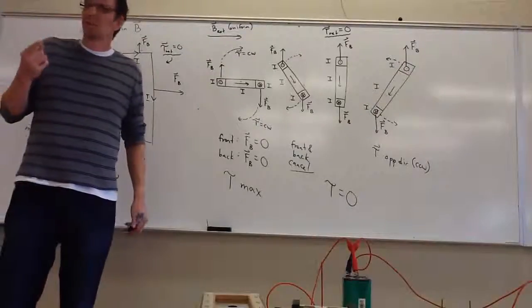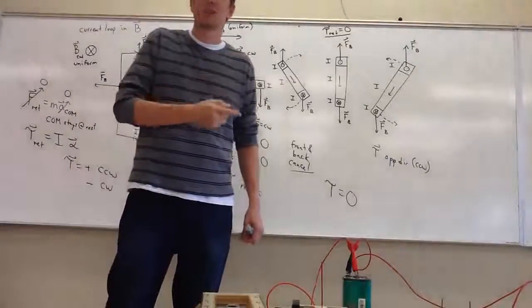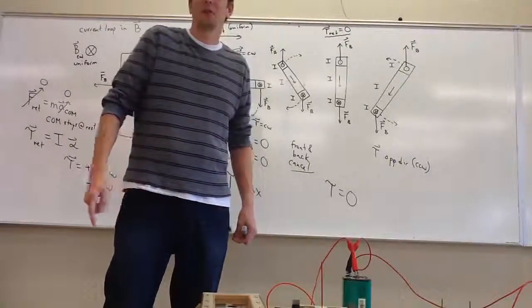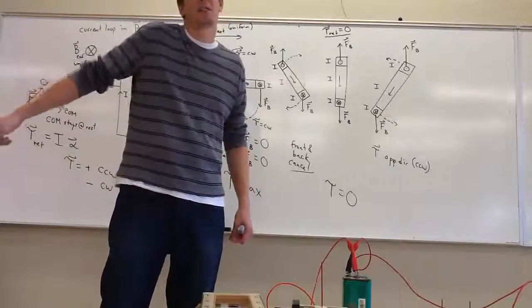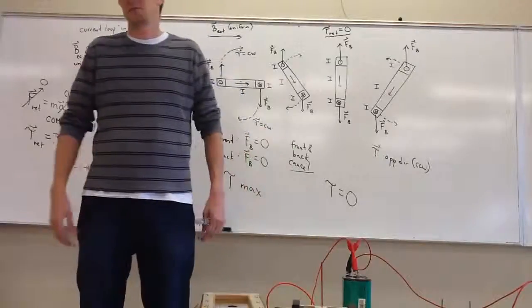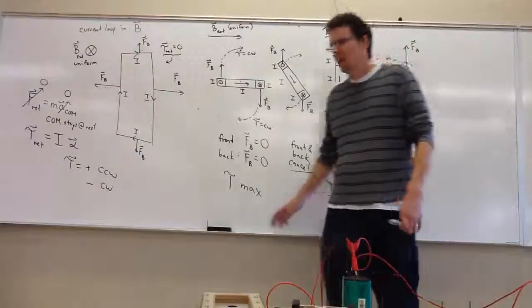What does this remind you of? If there's a system where it speeds up going towards a location, then when you get to the happy place, it overshoots it, but then starts to get pulled back. Pendulum. It's a perfect analogy for this system. Okay? So a current loop in the magnetic field acts like a pendulum.